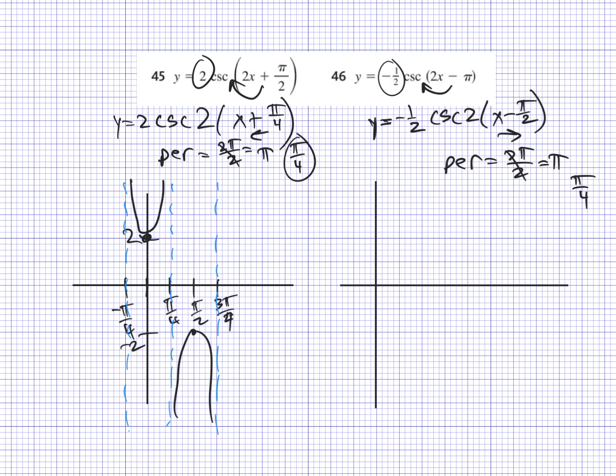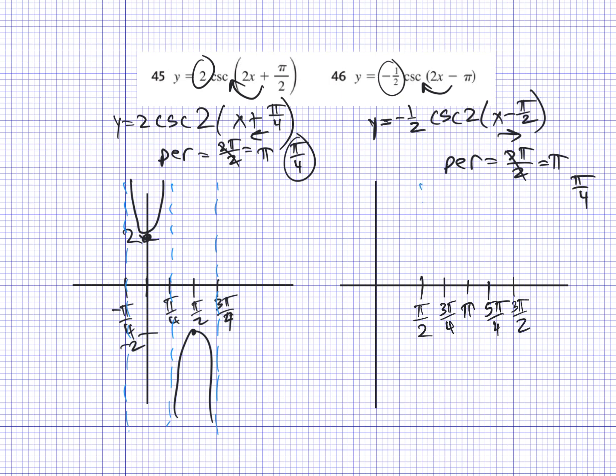Shifting to the right by pi over 2, so we'll just start this at pi over 2. Now let's go over 1. So let's put it here, and we'll say every big box is pi over 4. So that's going to be 3 pi over 4, 4 pi over 4, 5 pi over 4. We're going by pi over 4. And then 6 pi over 4, which is 3 pi over 2.